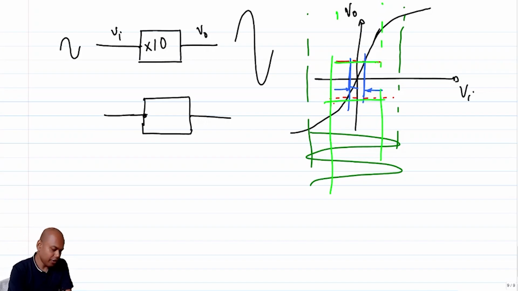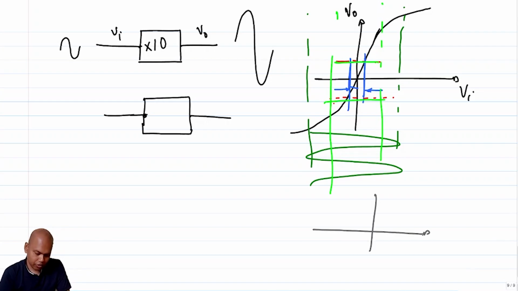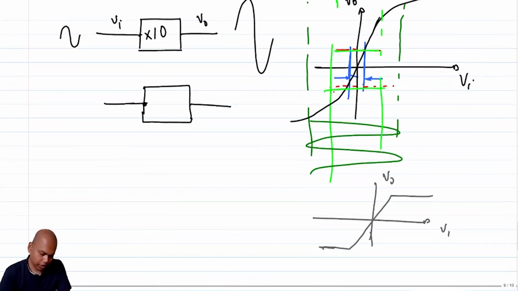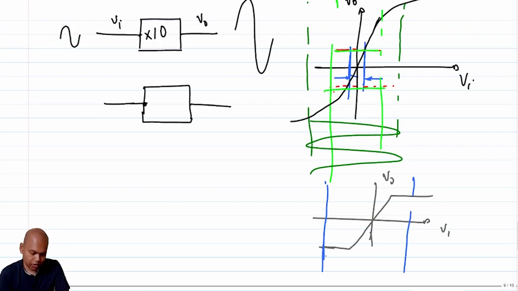A very extreme example is, what if your V0 over Vi curve looks like this, and your input is supposed to vary between these two points?